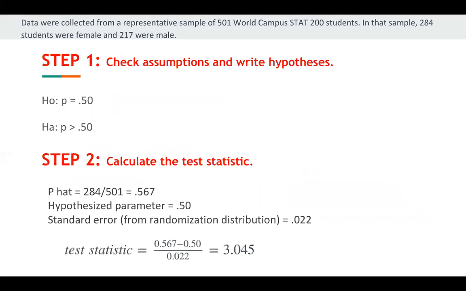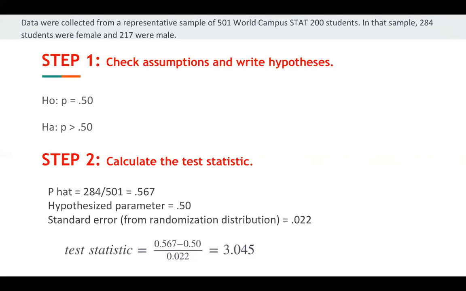So we checked our assumptions, so therefore we can write our hypotheses. So our null hypothesis is that p equals 0.50. We use 0.50 here because we're checking to see if the majority of students, so a majority would be greater than 50%. So 0.50 is our hypothesized parameter, and our alternative hypothesis is p is greater than 0.50.